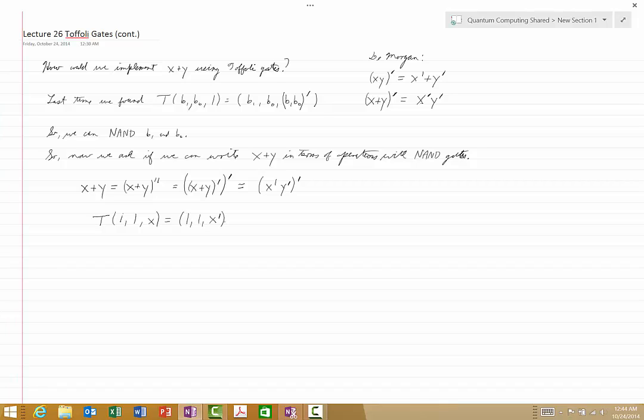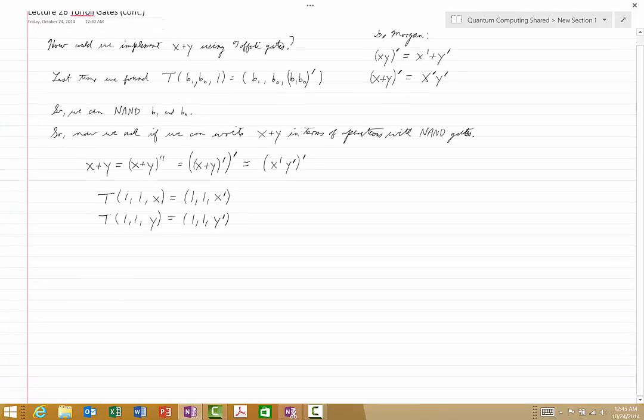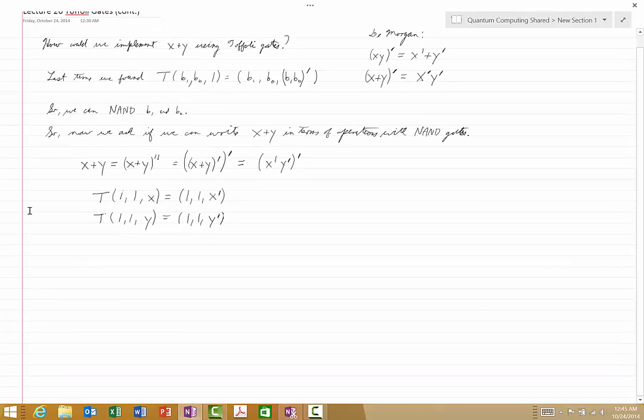And likewise, of course, T of 1, 1, Y is equal to 1, 1, Y prime. So this shows here how we could obtain the X prime and Y prime using Toffoli gates.